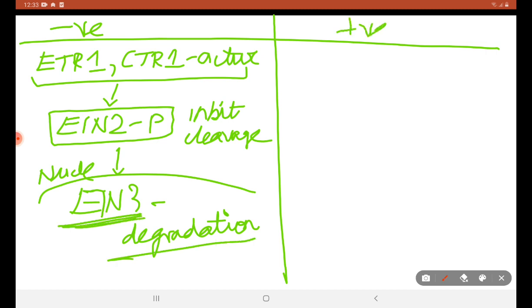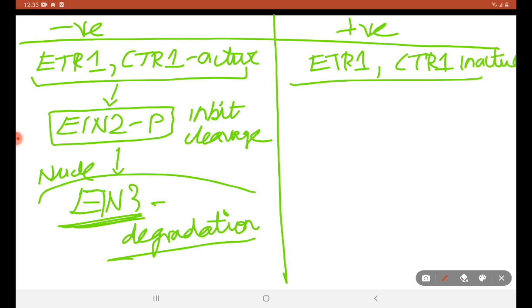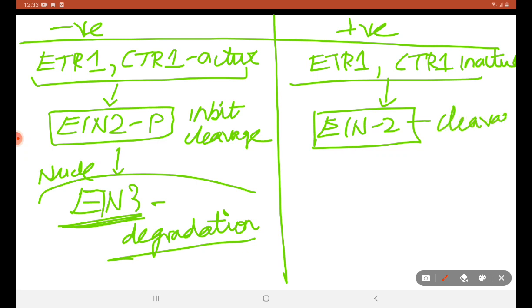In the presence of ethylene, ETR1 and CTR1 are inactive. EIN2 is not phosphorylated. Cleavage occurs.